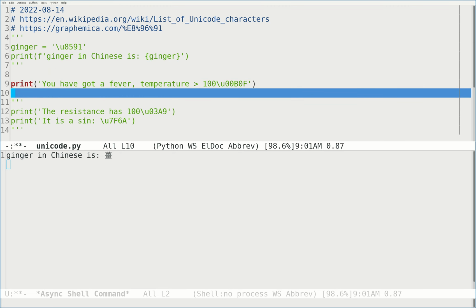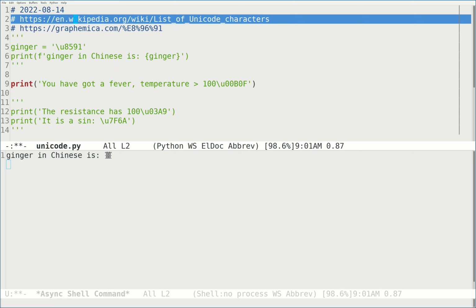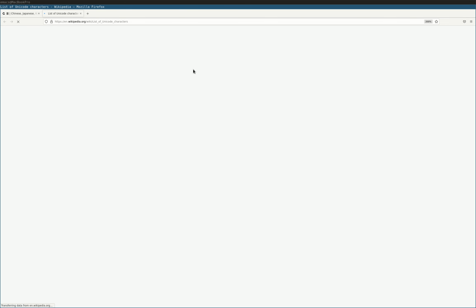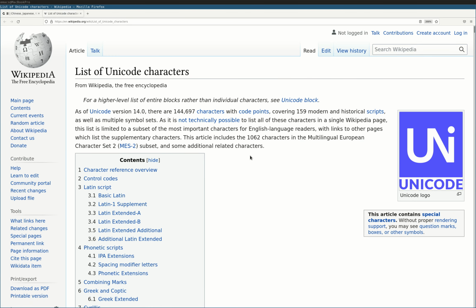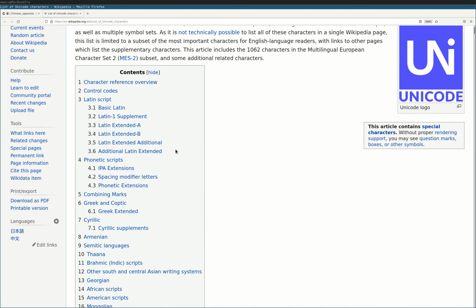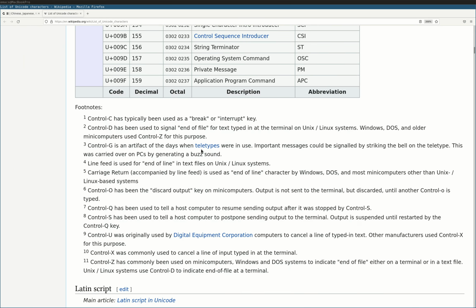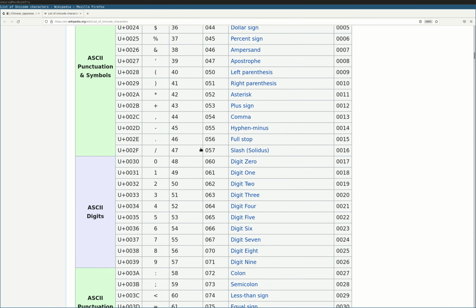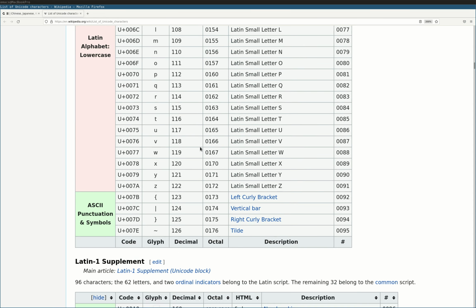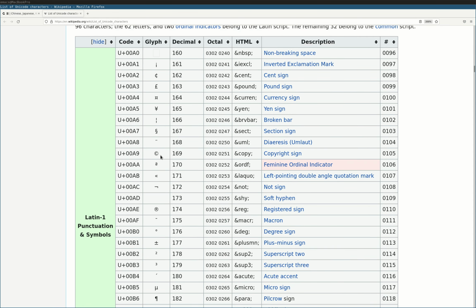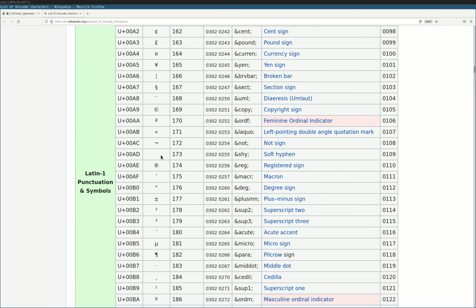Don't worry, you can come here, go to this website, and find a lot of Unicode. There are so many interesting Unicode, like the degree, copyright. Yeah, degree here.